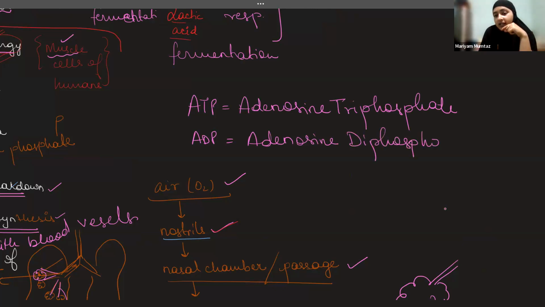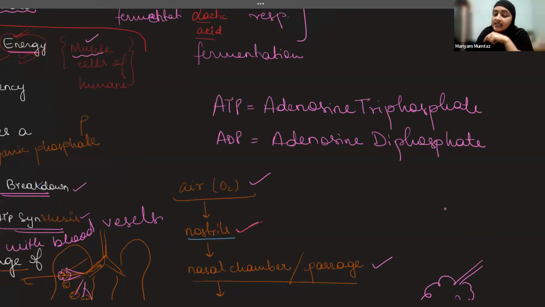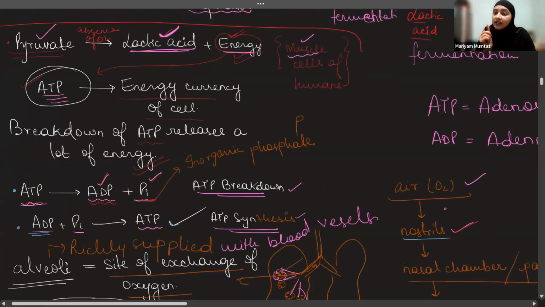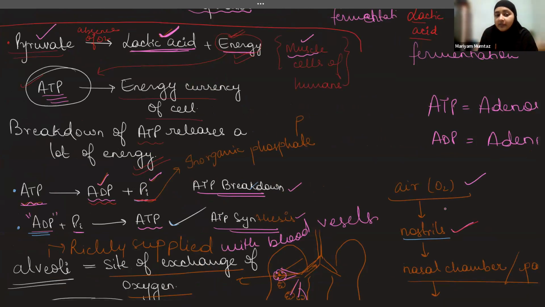This is why whenever we want to synthesize ATP, we add one inorganic phosphate to ADP. Then only it becomes ATP. The T is for tri, that is 3 phosphates. The D is for di, that is 2. Clear?